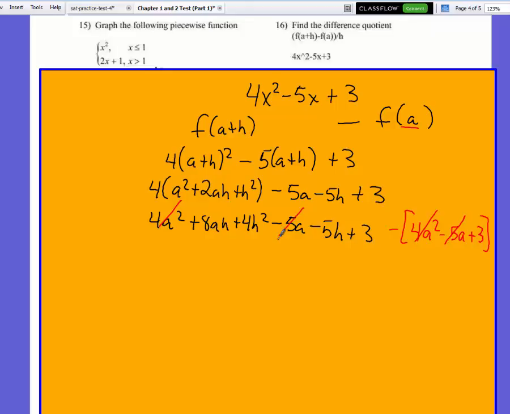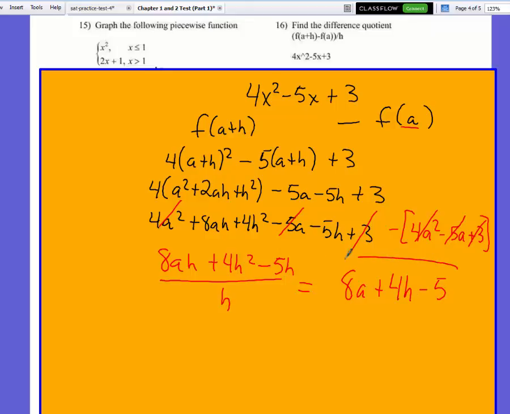I have a minus 5a that I'm subtracting from a minus 5a, and a positive 3 that I'm subtracting from a positive 3. So all that I have left is 8ah plus 4h squared minus 5h, and that's all divided by h. So my answer is just 8a plus 4h minus 5, and there we go. There's our answer for 16, and that's all of them.